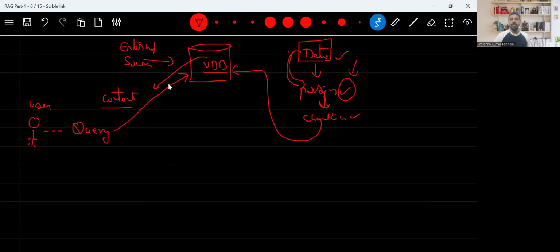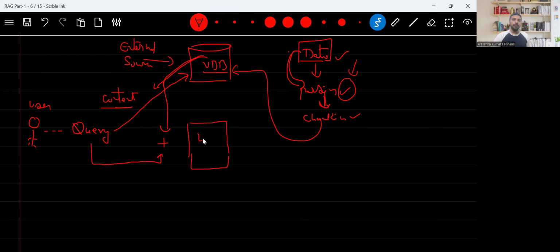Here we use similarity measures like cosine distance to compare the user query with the relevant information in the vector database. As per the context, it will retrieve the data. Now this information plus your query will be sent to the LLM.